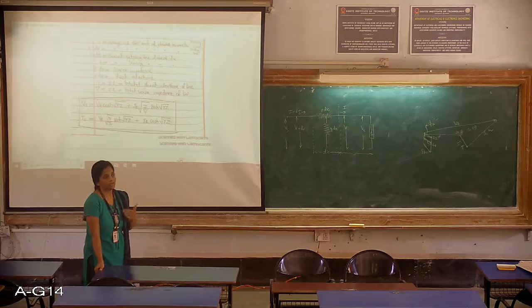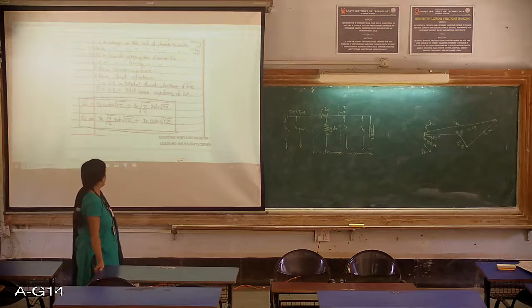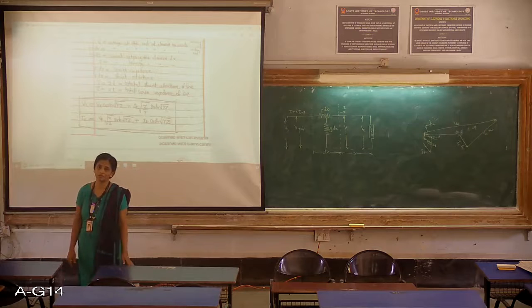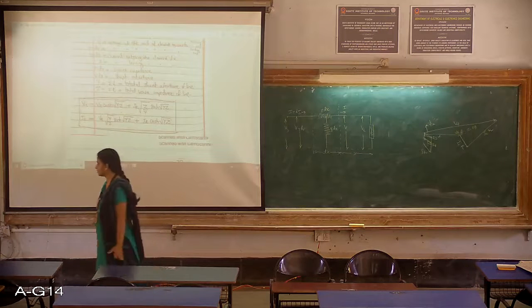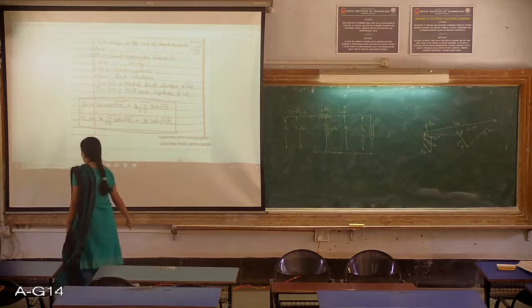You cannot take the entire length of the line for analysis purpose; you have to consider only a small section of the line, at a distance x from the receiving end. Explain what Z dx and Y dx are, and how you get capital Z and capital Y. Explain the sending end part, and finally give this expression. Hope it is clear. We are not dealing with any problems on this.